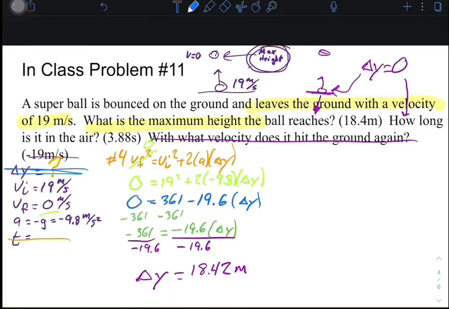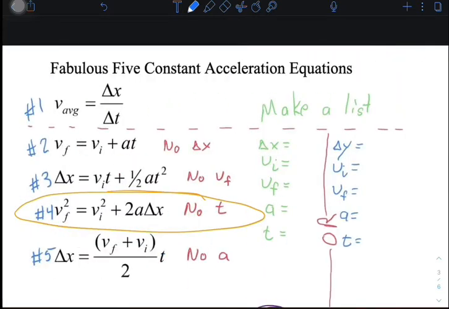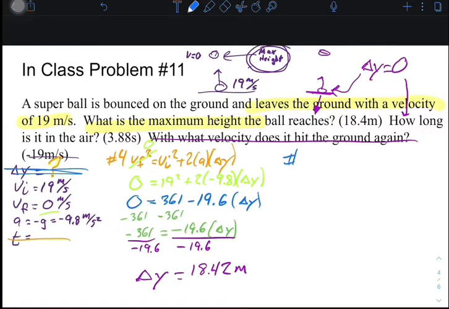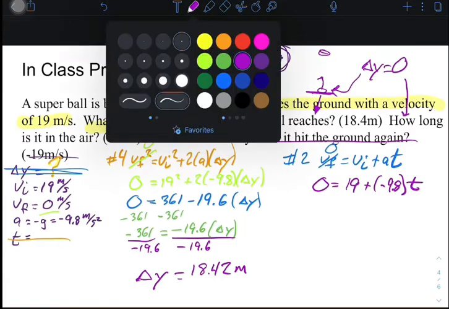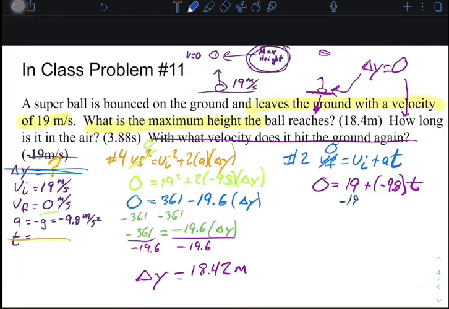So we want to pick an equation that doesn't have delta y in it. That's equation number 2. Equation number 2 is VF is equal to VI plus A times T. If my final velocity at max height is 0, then 0 is equal to 19 plus negative 9.8 times our T. Subtract 19 from both sides.